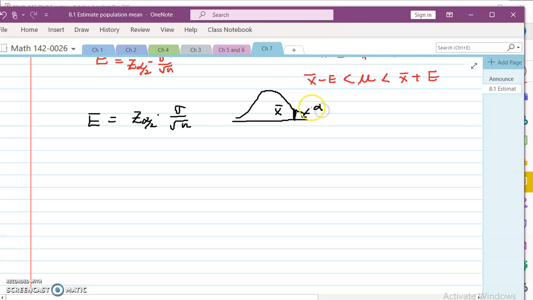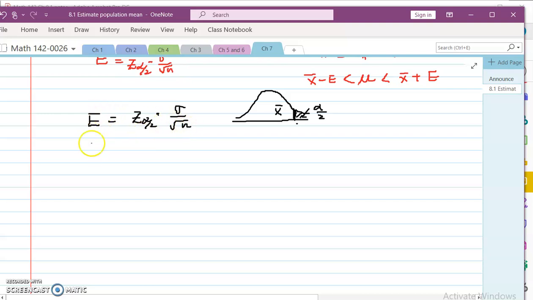This is alpha, this is alpha over 2, and this is the cutoff. So you can see that e and n are inversely related. This is for planning purposes: if I have a sample and know my sample size, I can find e, so they are related.